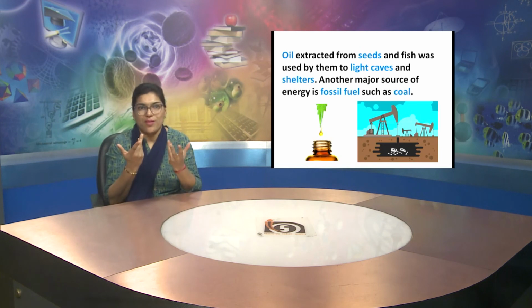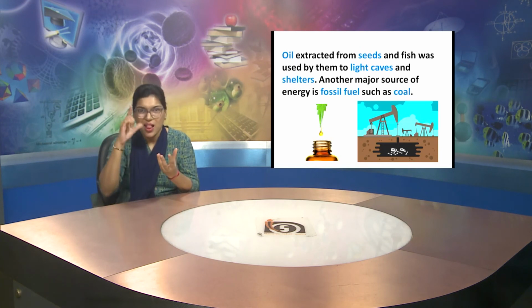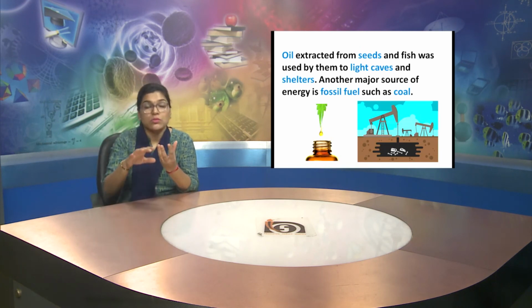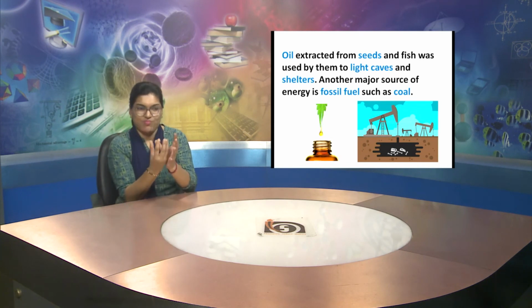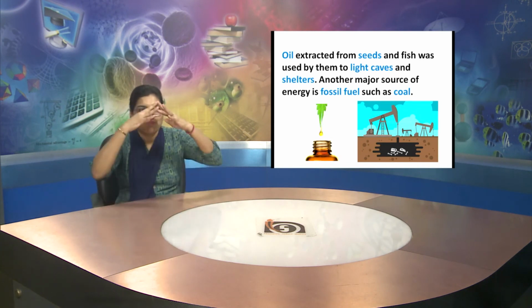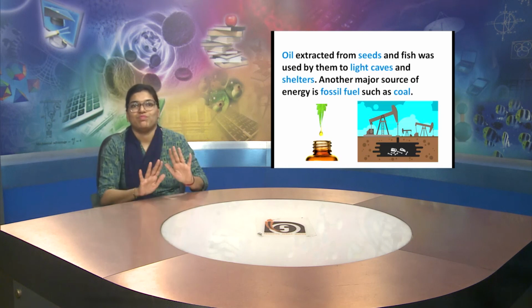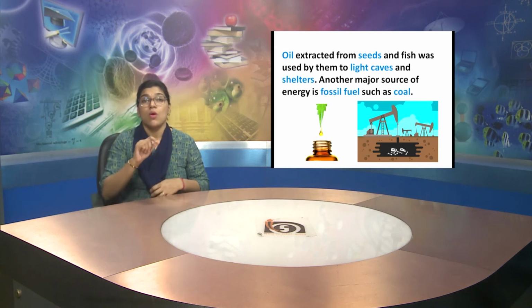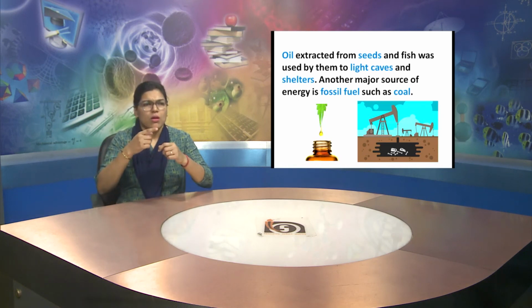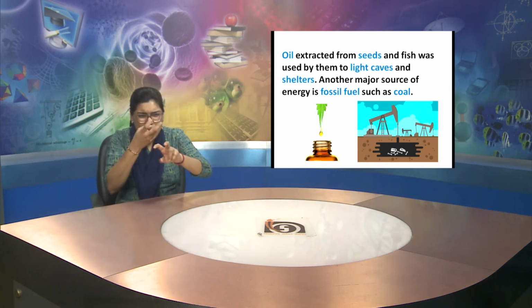As the caves were dark, so they used to put oil, and with the stone they used to light and have energy in their room so that they can do their work in the presence of light.